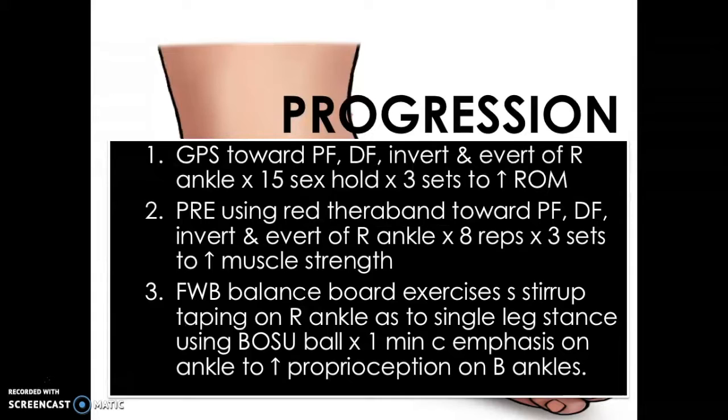We will also be progressing from partial weight bearing to full weight bearing on the balance board exercises, still without stirrup taping on right ankle, to single leg stance using the Bosu ball for 1 minute with emphasis on the ankle again to increase proprioception on the right ankle.